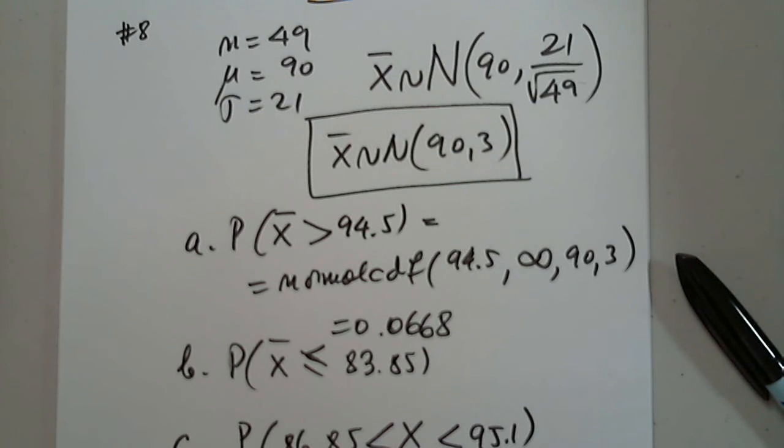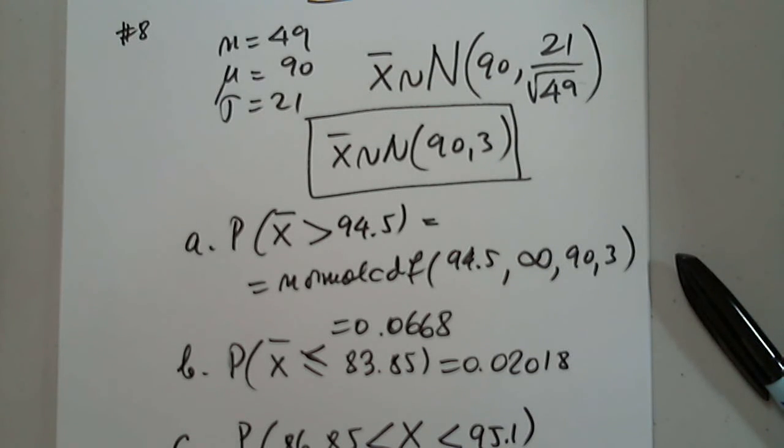And the mean is 90, but the standard deviation is not 3, oh yes, I'm still talking about x bar. So this is 0.02018.